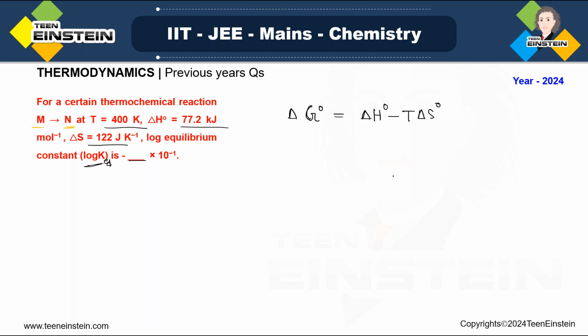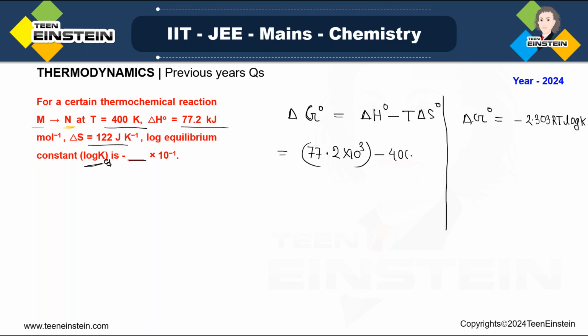Okay. Now in this case, we also know that del G is related to the K value, that is the equilibrium constant, by del G = -2.303 RT log K. Del G value is not directly given, but we will find it by using del H and del S. So we will put del H, which is 77.2, but we will convert it to joule, so we have to multiply with 1000, minus 400 is the temperature multiplied by 122.